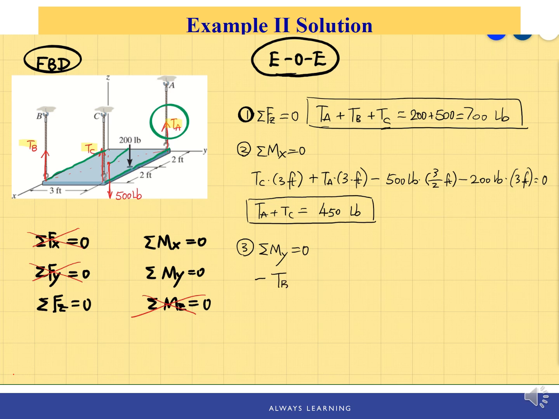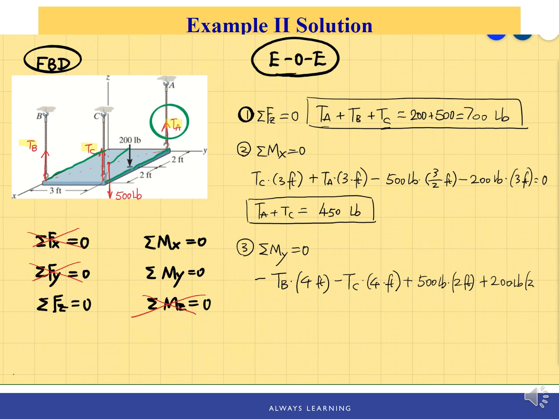And TB times the moment arm is 4 feet. Same idea for TC, since TB and TC are in the same sense, pointing up. So you'll also have a negative moment about the y-axis, and the given forces, the 500-pound force will be positive, and the moment arm is 2 feet.